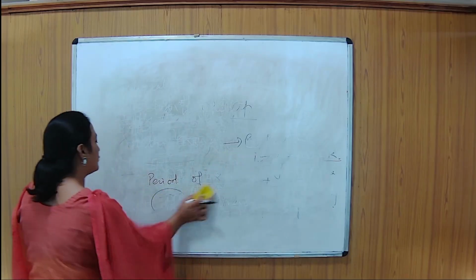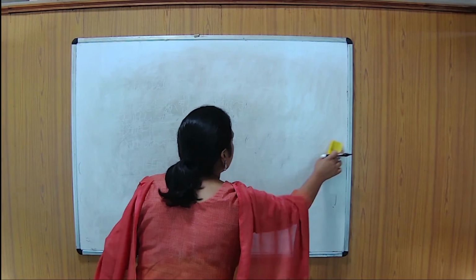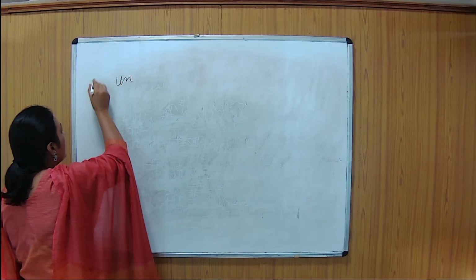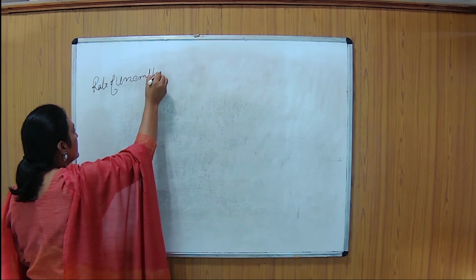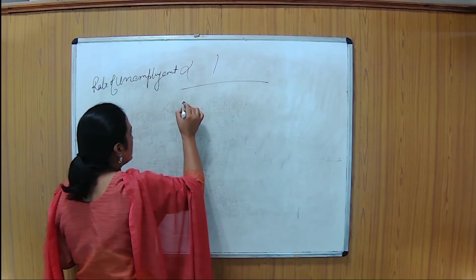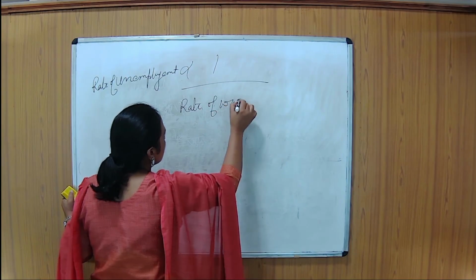Now I am going to write this finding with the help of an equation. We can say the rate of unemployment is inversely proportional to the rate of wage inflation.